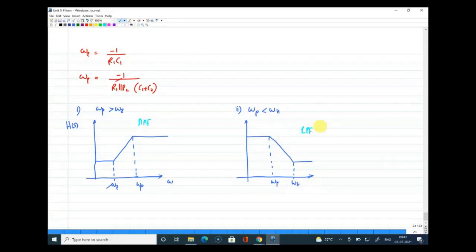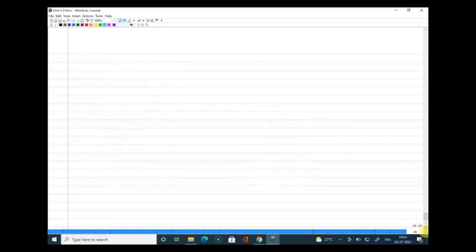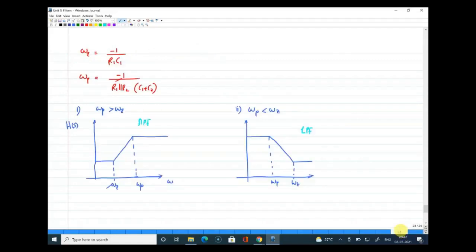Now my question is, how can we ensure that this filter response will be of high pass, or how can we make sure omega z is lower? What condition we can impose? Any thoughts?